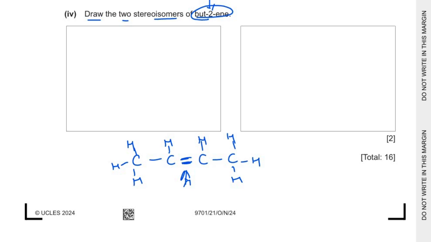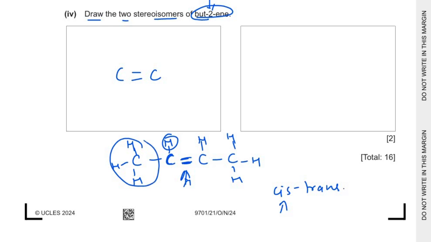Geometric isomers are also named cis and trans isomers. Now what are cis and trans isomers? Cis isomers are the isomers which have the similar group on one side. Now here if we draw the two carbons carrying the double bond, this carbon has one hydrogen and the other group as CH3. So I'm drawing one hydrogen and the other group as CH3.